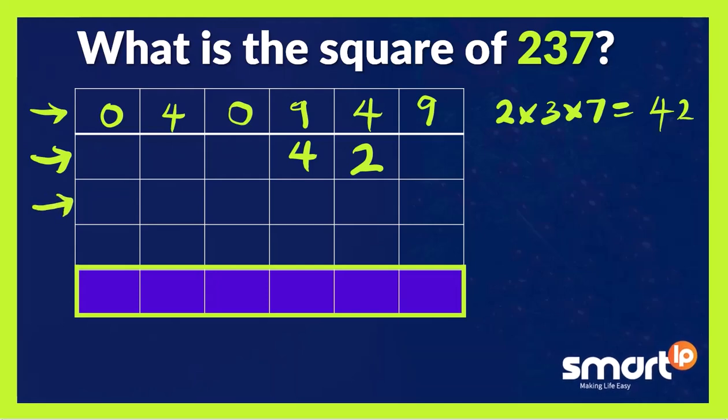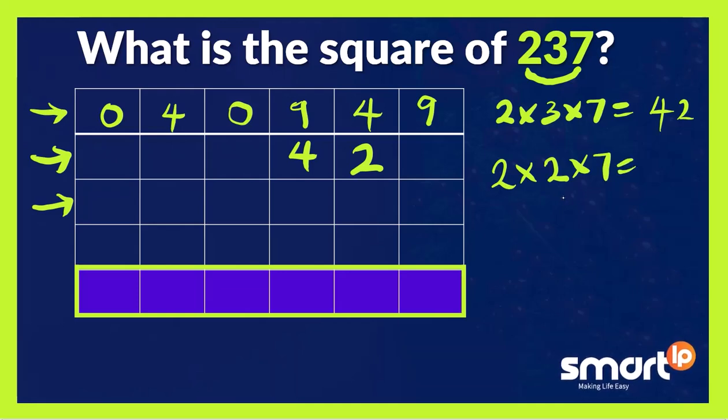On row 3, the next step, we are going to take the first digit and the last digit, and we're going to multiply that by 2. So 2 is going to multiply the first digit. The first digit is 2, multiplied by the last digit, which is 7. That's 2 times 2 times 7.